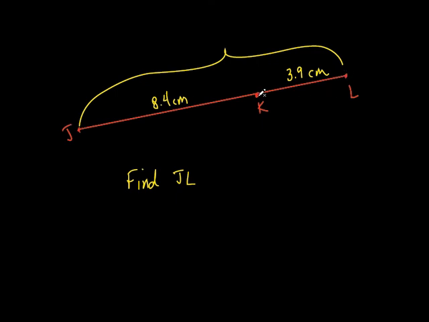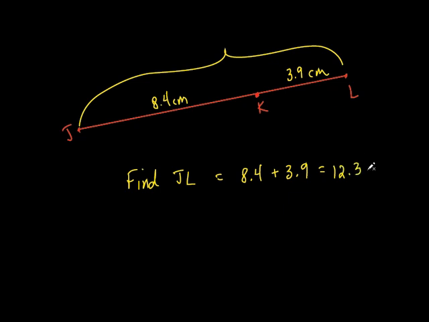Well, this part of it, K is in between. This part is 8.4, this part is 3.9. What do they do to make up the whole entire total thing, the whole JL? Well, they add up, don't they? So if I wanted to find the length of line segment JL, I would take 8.4 and add it to 3.9. And let's see, that's 11, that's 13, carry, that's 12.3.